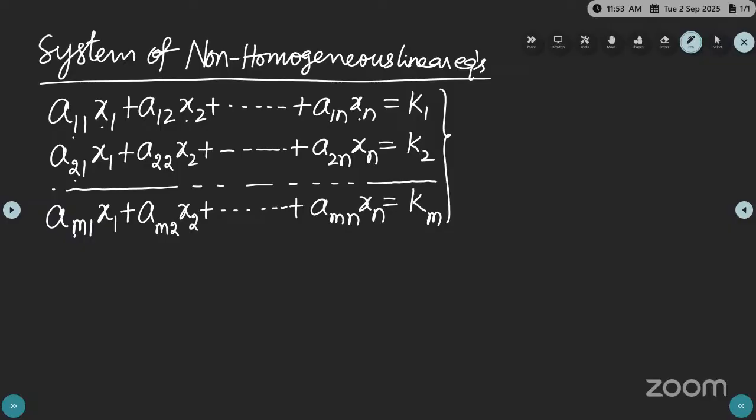It is a system of m linear equations with n unknowns.